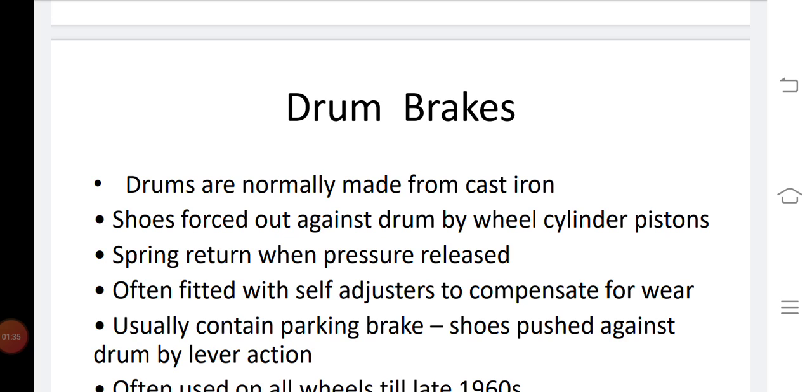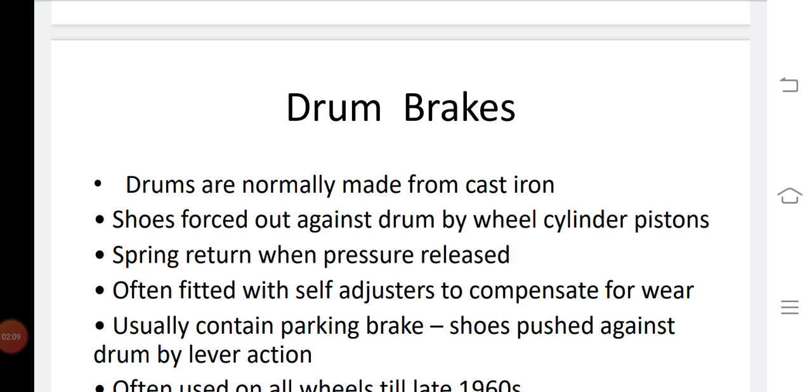The drum brakes used with light vehicles are hydraulically operated, and these brakes are commonly used for the rear wheels, and the disc brakes are generally used in the front wheels. The disc or drum layout permits the front wheels to undertake more braking effort.